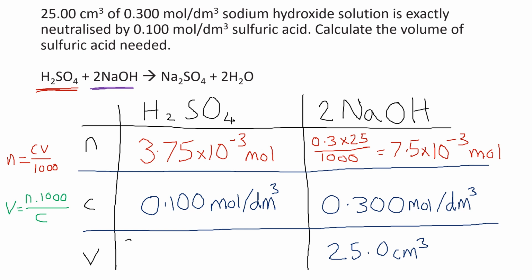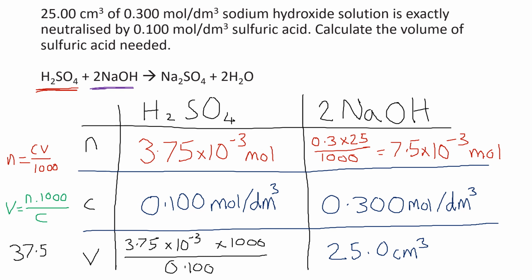So it's going to be the 3.75 times 10 to the minus 3 times that by 1,000, divide that by 0.100, and the answer comes out as 37.5, and that's millilitres or centimetres cubed, same thing. So that's your final answer, 37.5 centimetres cubed.